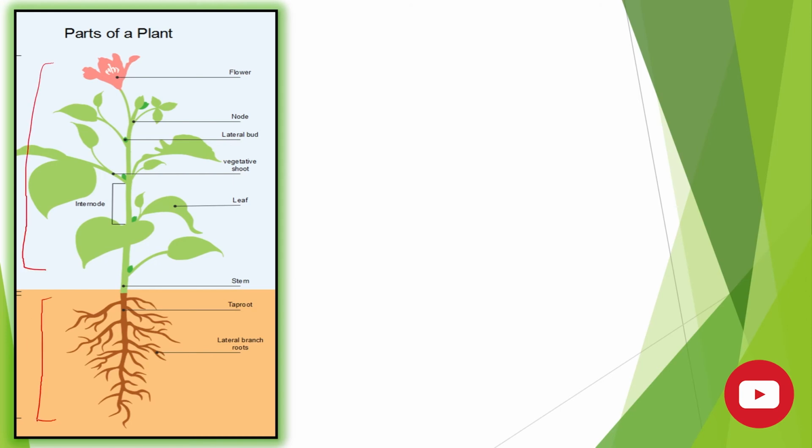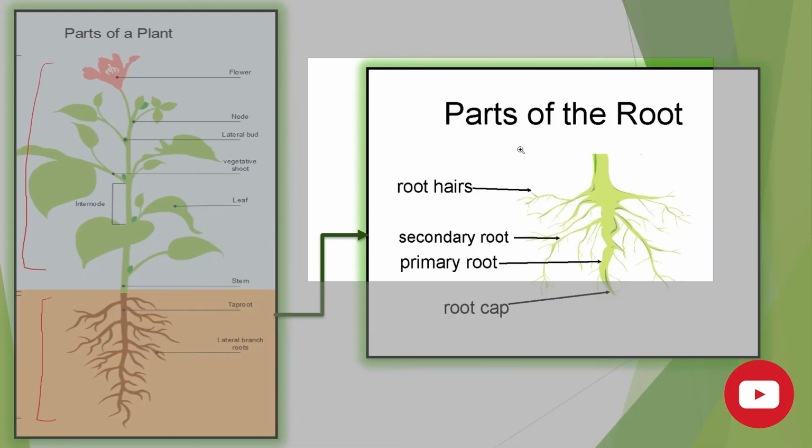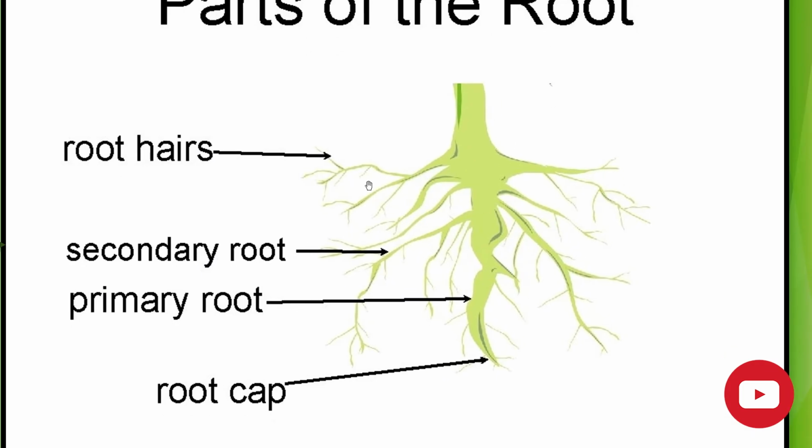Now we will focus on the root system more. For that, I would like all of you to carefully observe this particular picture. If we carefully look into this picture, we can see that it has a perfectly organized root.